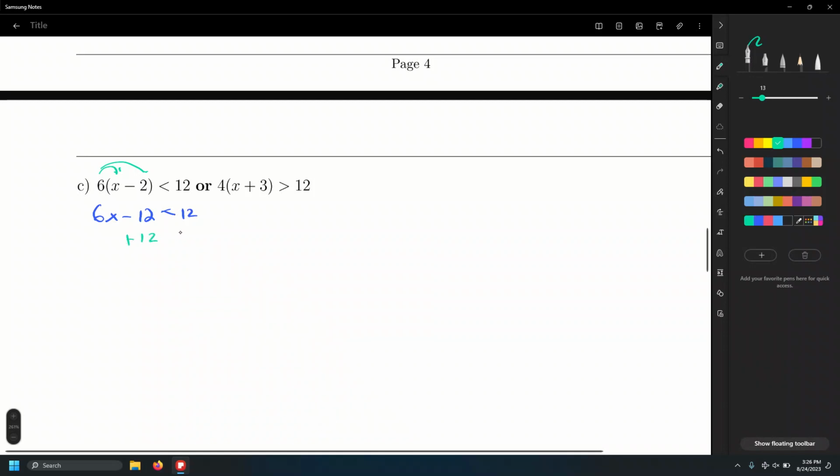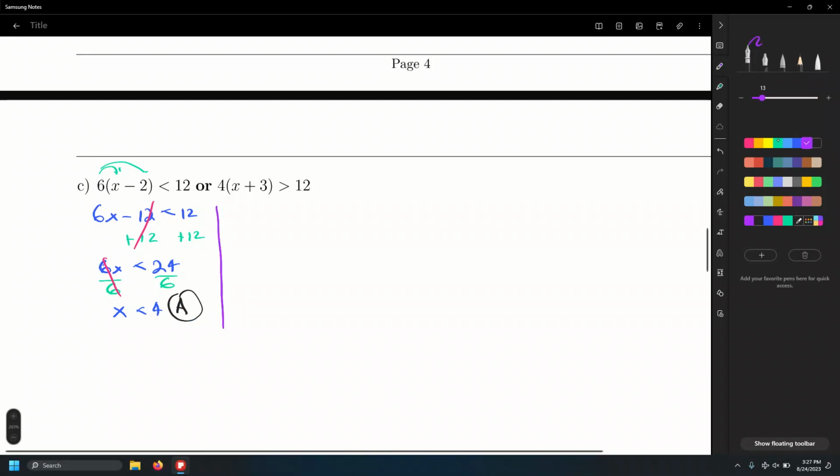Add 12 to both sides, and that's going to be 6x less than 24. And then divide both sides by 6 to get x less than 4. All right, so that's going to be our first set, A.